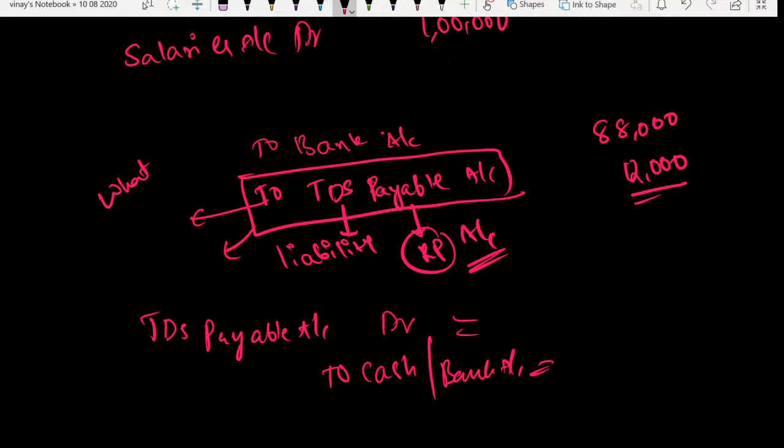You have these kinds of provisions in TDS. So whether I have to claim these salaries as an expense in income tax or not depends upon whether you have deducted the TDS or not, and even if you deducted TDS, whether you paid to the government or not. So this is how you will pass it.